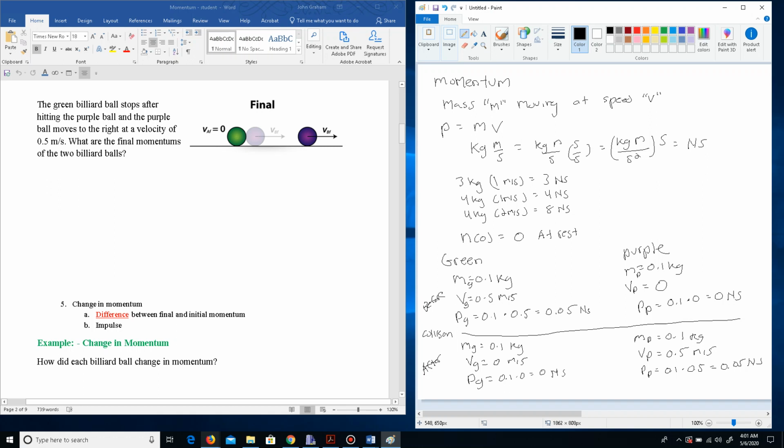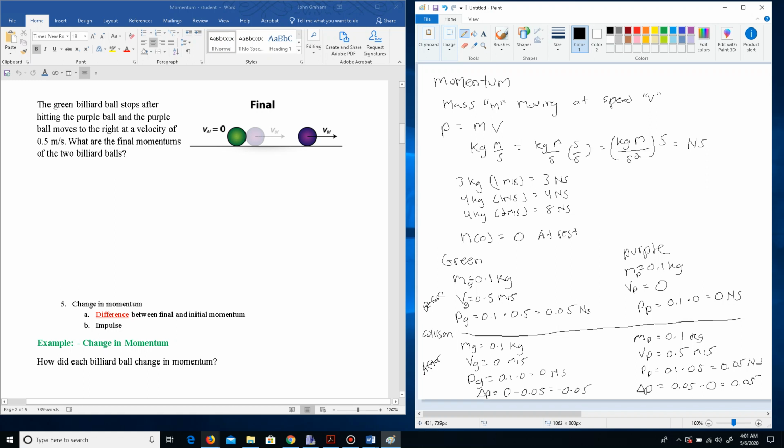What we have here is a collision, and we see that there's a change in momentum. Okay, and there's two ways of finding this change in momentum. You can find the change in momentum by doing the final momentum minus the initial. So for the green one, the final was 0 minus 0.05, and you get negative 0.05. For the purple one, the final was 0.05 minus 0, and you get 0.05.